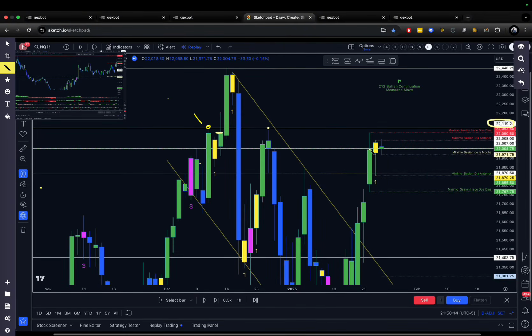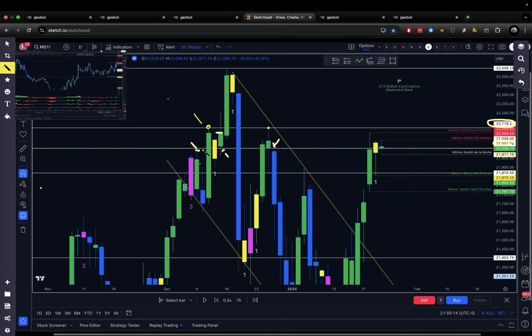The second level, which is important to me, is 22,007. Why? Again, on this day it found resistance. On this day it tried to break below and found support, so resistance becomes support. On these days it crossed it, but on this day, look, it found resistance again.